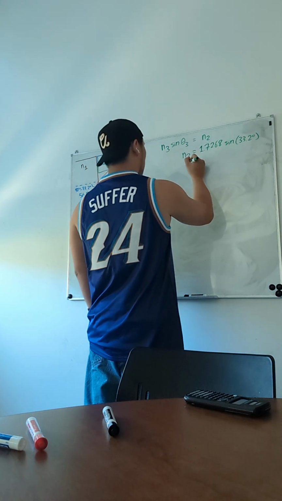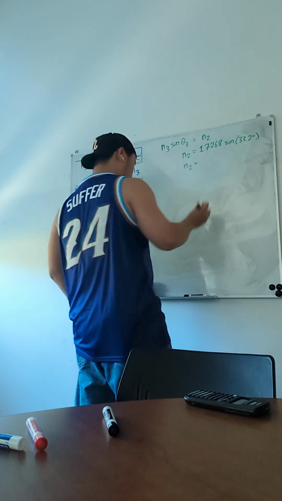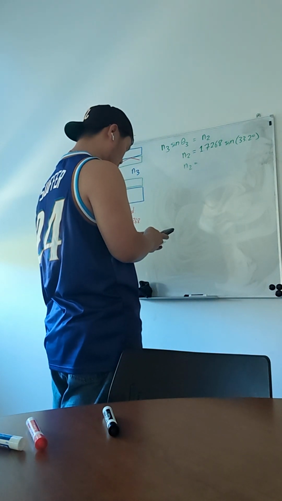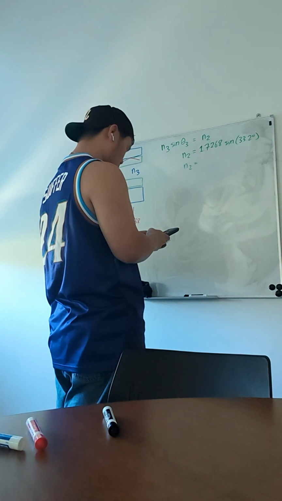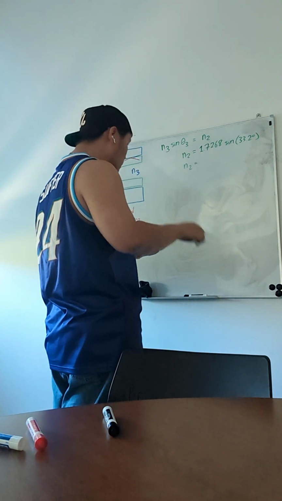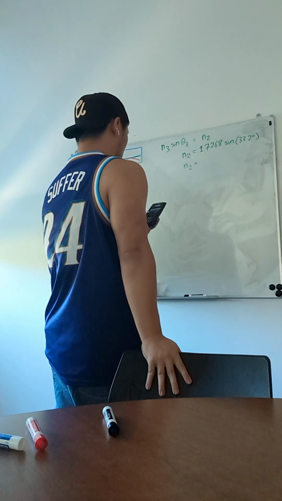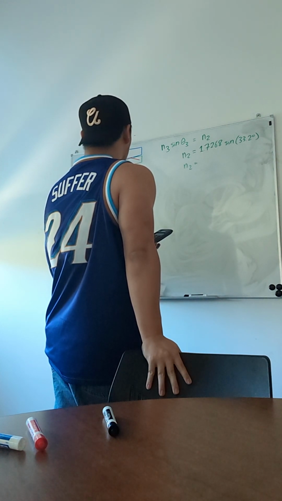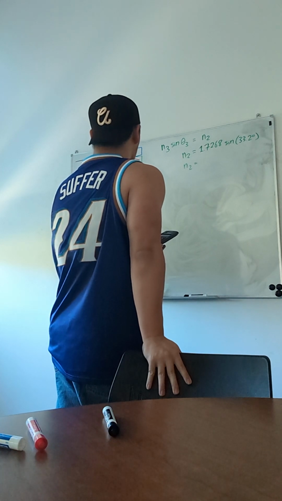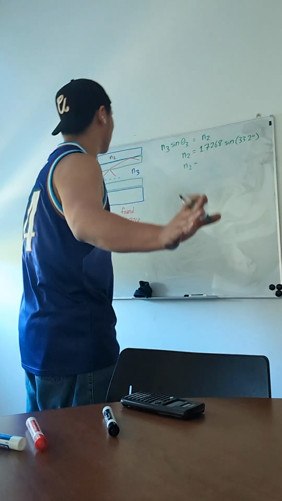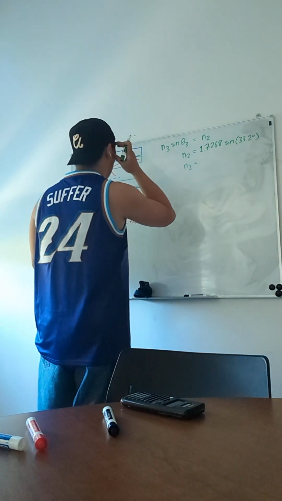All right, so now let's just do that and figure out what N2 is. 1.7268 sine 53.2. It's way too small. Oh, duh. Sorry, backtrack. It's because we used the wrong angle.